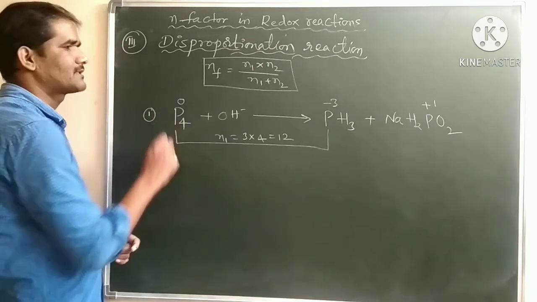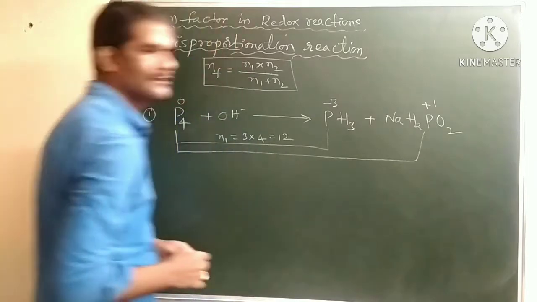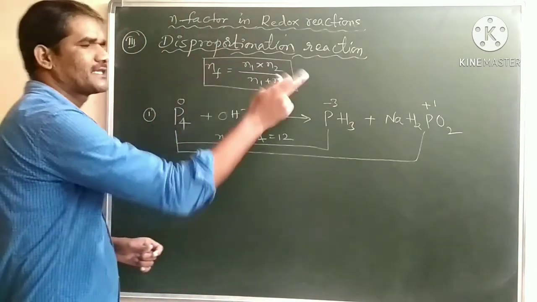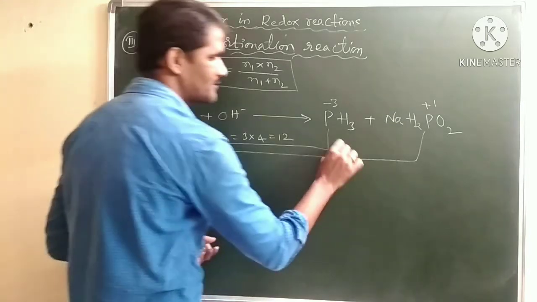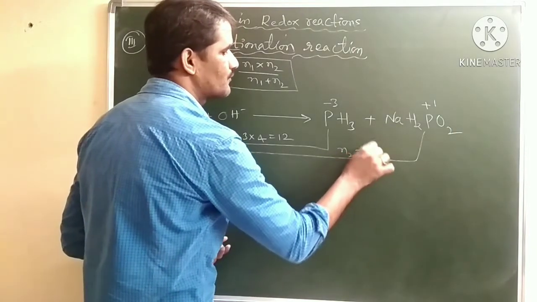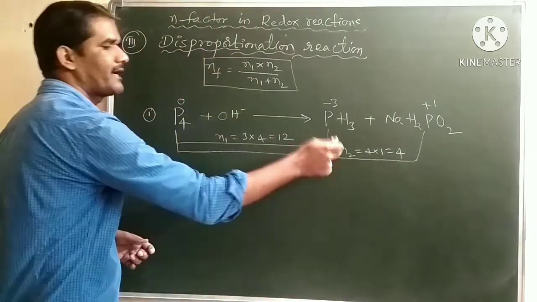Similarly, the same phosphorus is changing from 0 to +1. What is the change, 0 to +1? 1. Again, how many phosphorus are there? 4 phosphorus atoms. So N2 is equal to 4 into 1, which gives 4. So now we have N1 and N2.